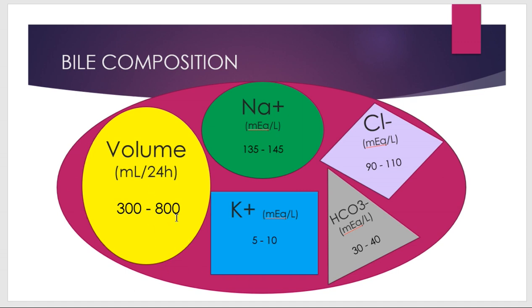So volume 300 to 800 ml, sodium 135 to 145 milliequivalents, potassium 5 to 10, chloride 90 to 110, bicarbonates 30 to 40, bile composition.